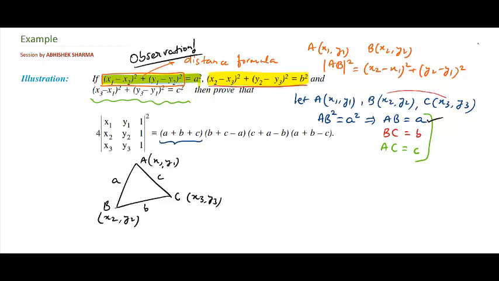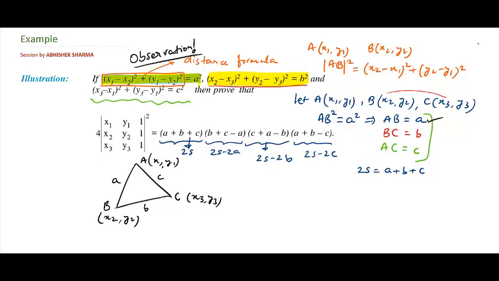Now the first quantity on the right side, observe that this denotes 2s. This second quantity denotes 2s minus 2a, where 2s is equal to a plus b plus c. The third quantity becomes 2s minus 2b, and this becomes 2s minus 2c.